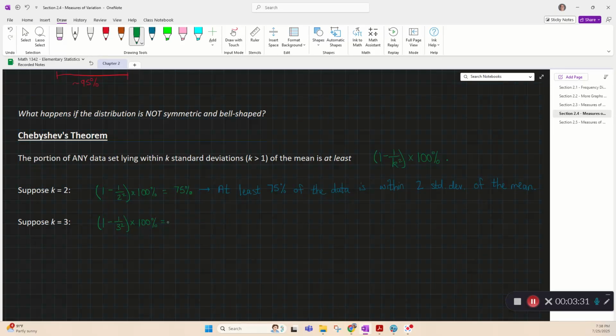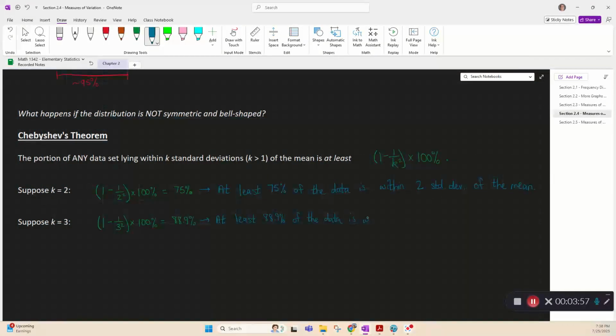And that would get us roughly 88.9%. So then that would tell us that at least 88.9% of the data is within 3 standard deviations of the mean.